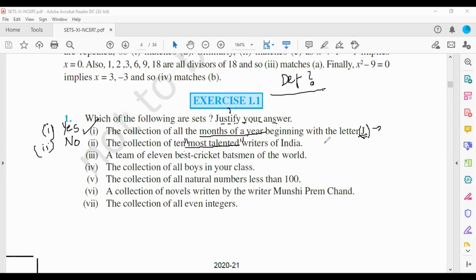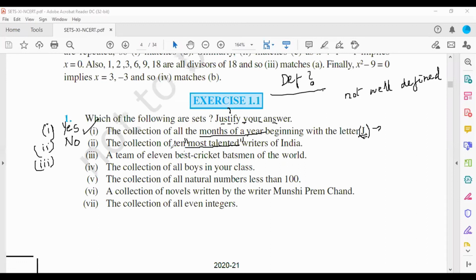Most talented is not well defined. Nobody can measure talent. Everything except 2 and 3 are sets. Talent cannot be measured, and most does not have any kind of bound, beginning, ending.